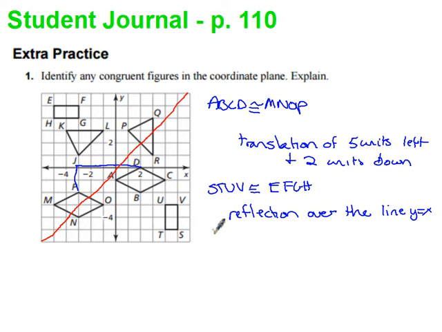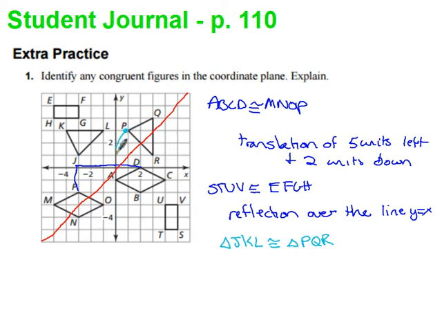Okay, so now let's pick out a third set. The third set I'm going to do is triangle JKL. Triangle JKL is congruent to triangle PQR. Looking at these, if I take point J and point P, they seem to be corresponding points.